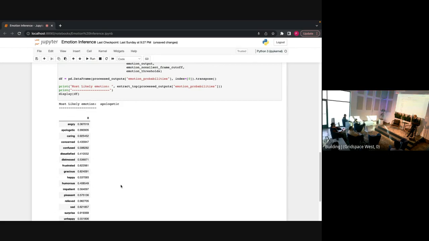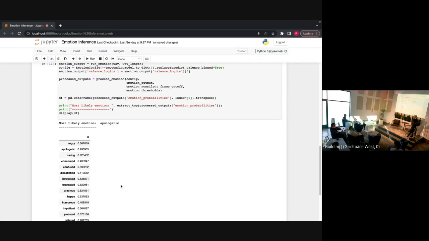To repeat that, the question was how much adding language models, so you have the textual information as well, would improve it.